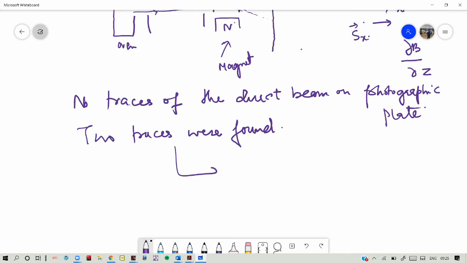And these were symmetrically placed on the screen.